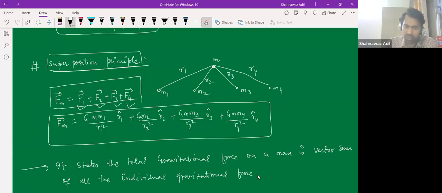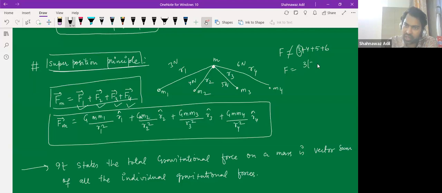Let's say this force is 3 Newton, this is 4 Newton, this is 5 Newton, this is 6 Newton. The total force would not be 3 plus 4 plus 5 plus 6. That would not be the case. We have to figure out the direction as well.